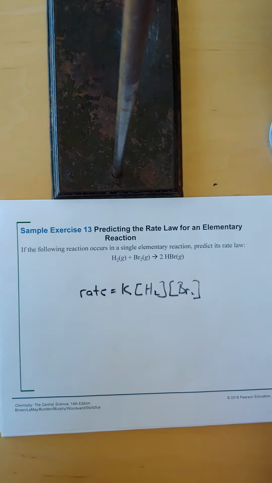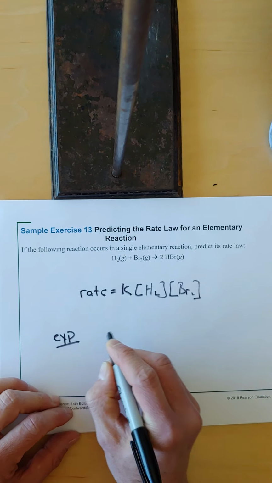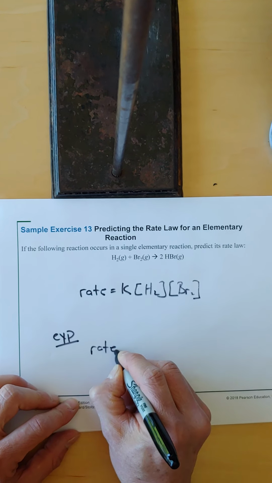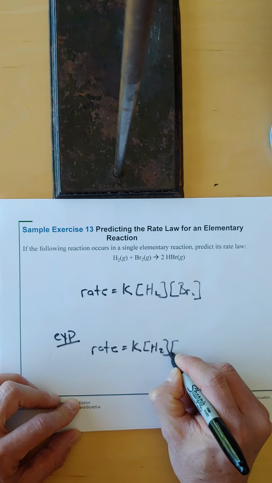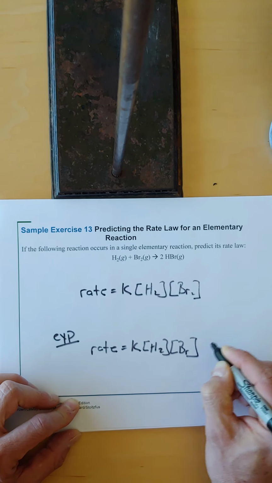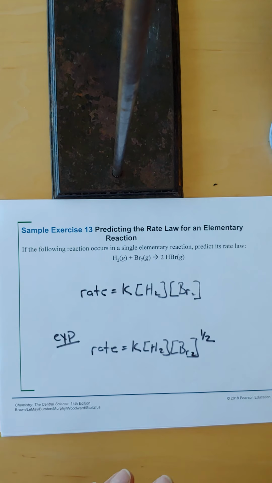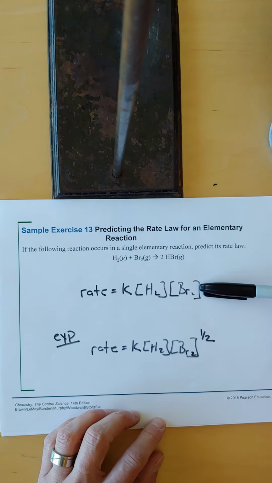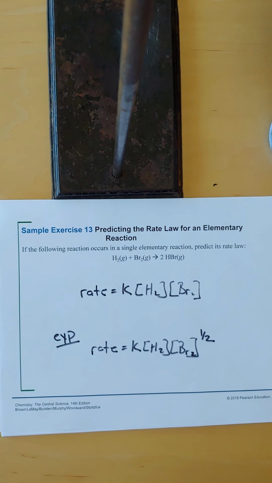Interestingly enough, though, experimentally, right, we find out that the rate is equal to the rate constant times the concentration of hydrogen times the concentration of bromine raised to the 1/2, right? And so the experimental rate law is different than what we predicted when we assumed it was a single elementary reaction.